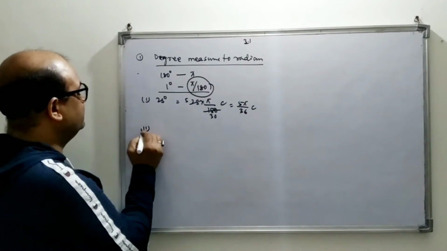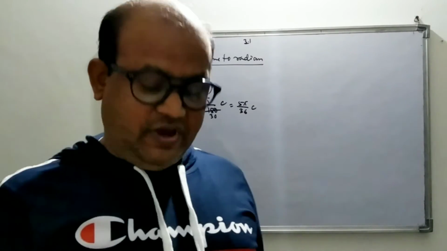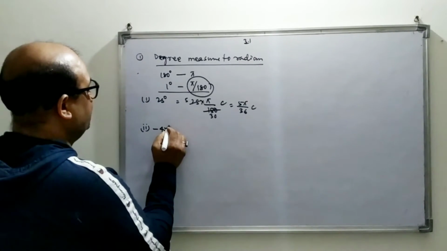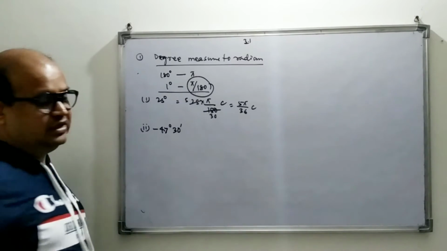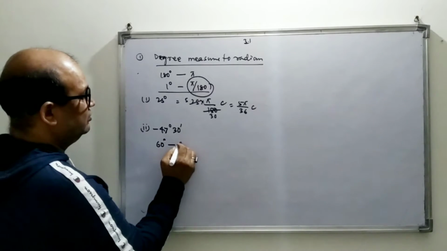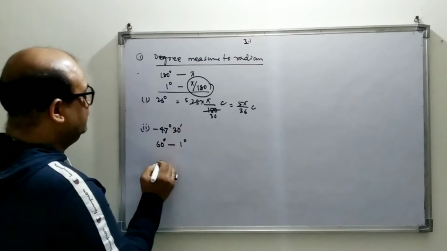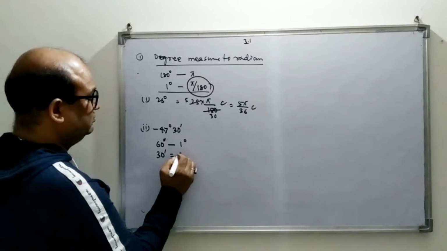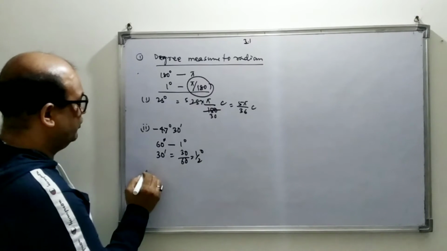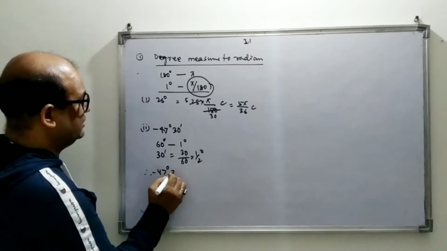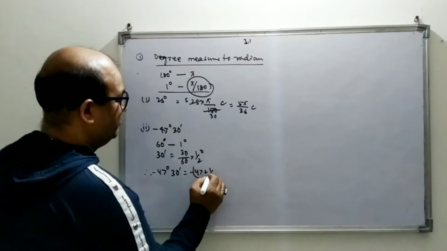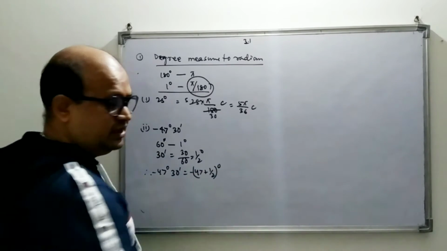Now, next is minus 47 degree 30 minutes. Now, 30 minutes, we know 60 minutes equal to 1 degree. Therefore, 30 minutes equal to 30 by 60, that is 1 by 2 degree. Therefore, minus 47 degree 30 minutes equal to minus 47 plus 1 by 2 degree.